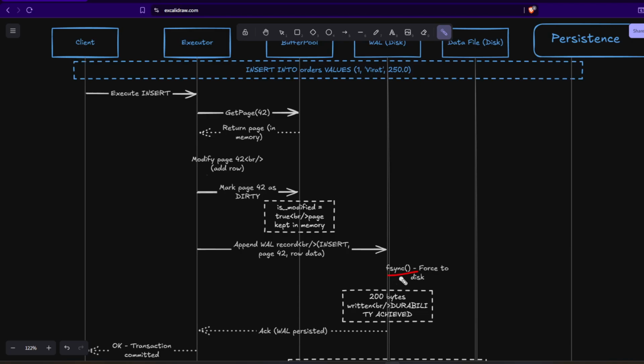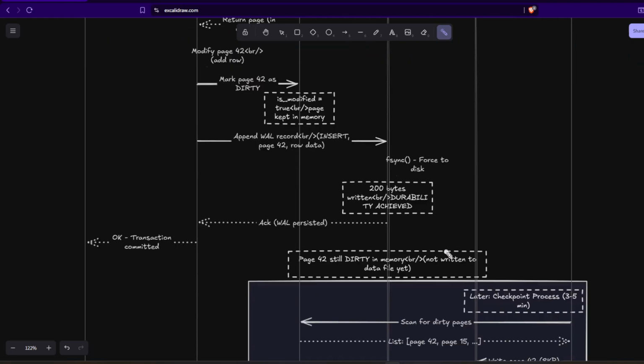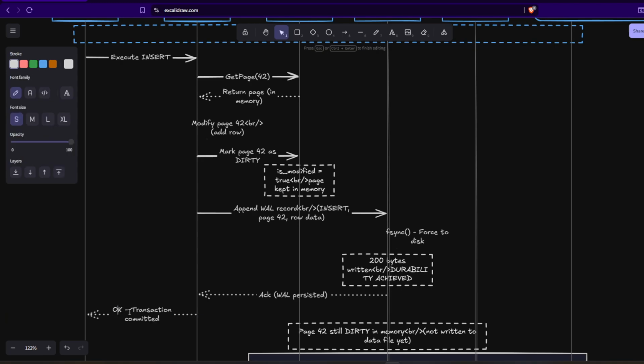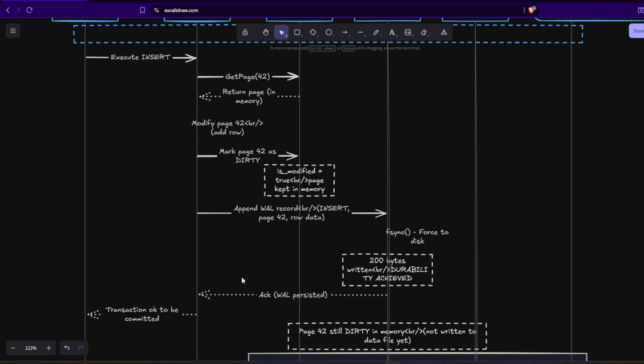This fsync you can ignore right now. Once the WAL is persisted, we know that the transaction is okay to be committed. Till now the transaction is not actually committed. The transaction is okay to be committed.